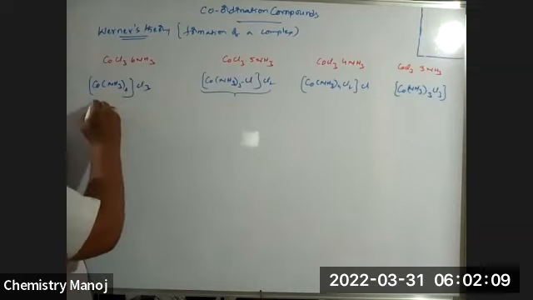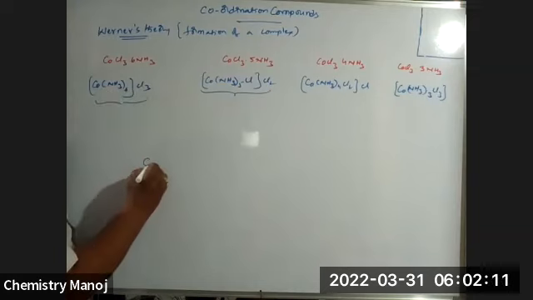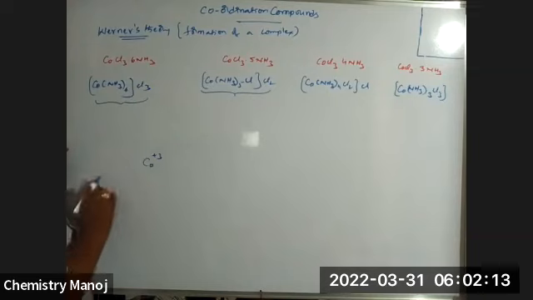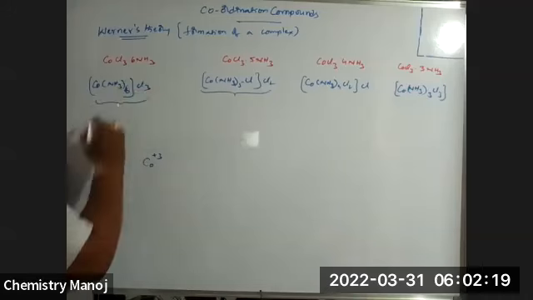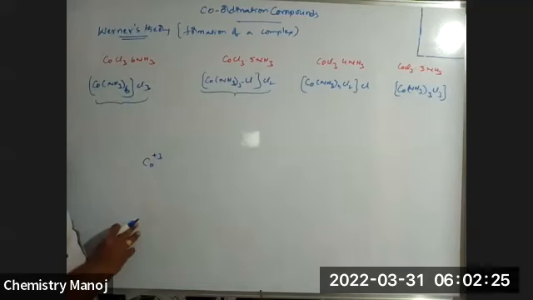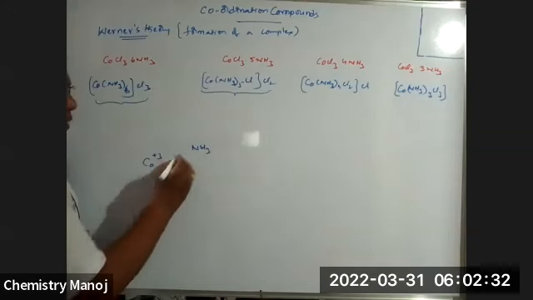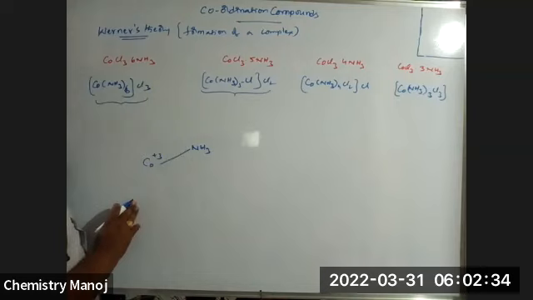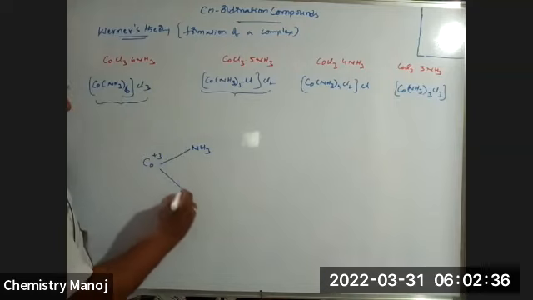I am drawing the structure of this one. There is a cobalt in plus 3. How many ammonias are there? 6. Are these bonded with a coordinate covalent bond or an ionic bond? Coordinate bond. So NH3 with a coordinate covalent bond is indicated with a solid line. So 6 ammonias, 6 solid lines.